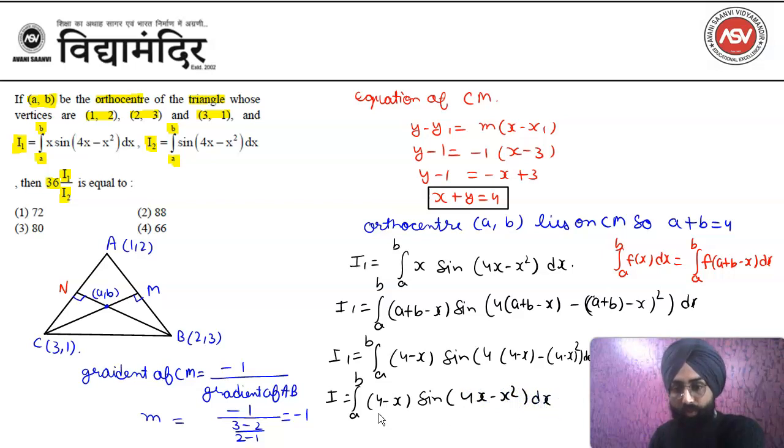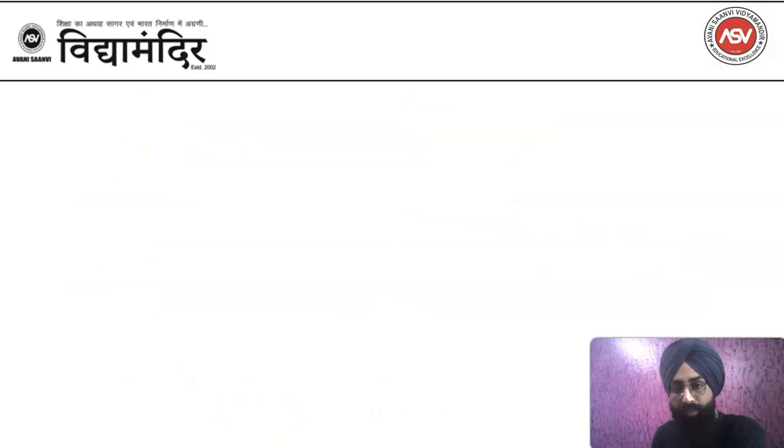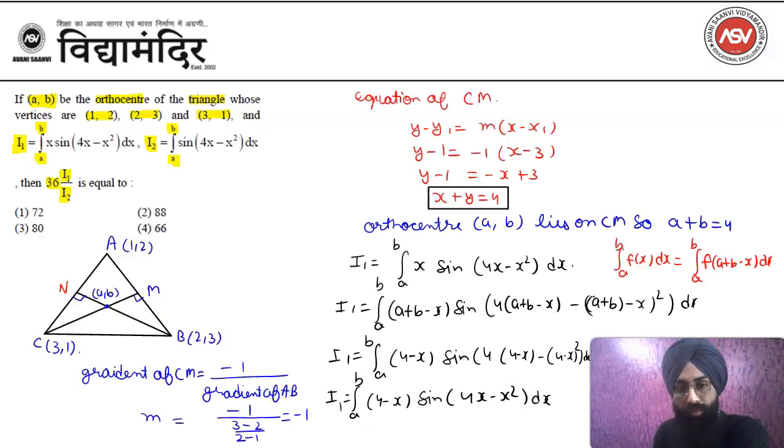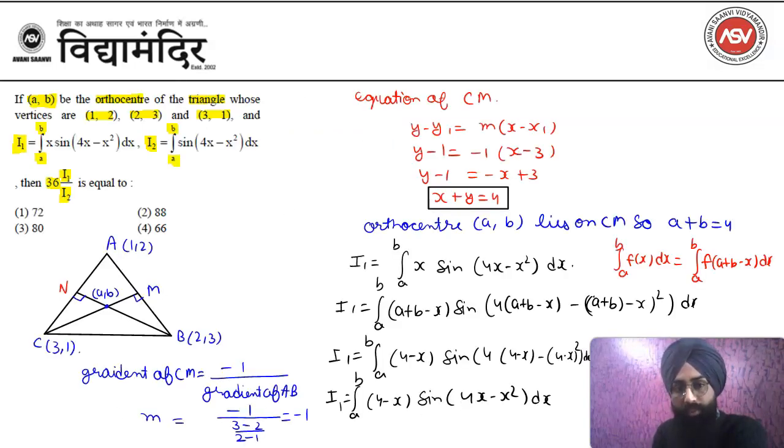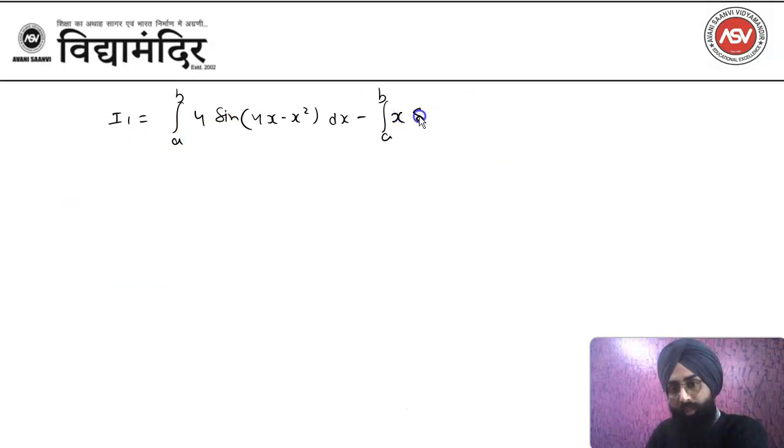Now we can separately multiply inside. So I1 is equal to the integral from A to B of 4 sine of (4x minus x square) dx, minus the integral from A to B of x sine of (4x minus x square) dx.